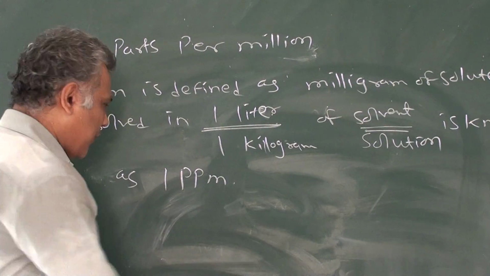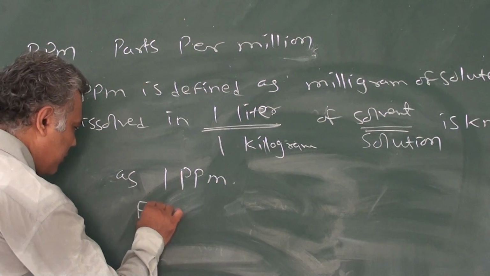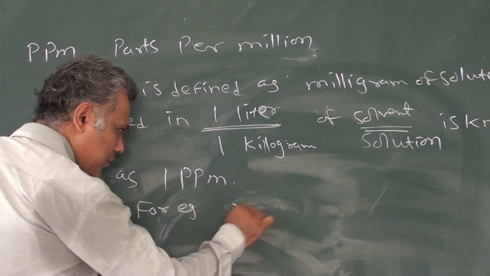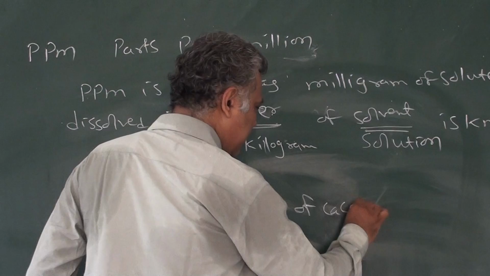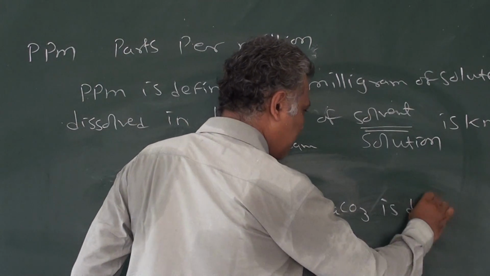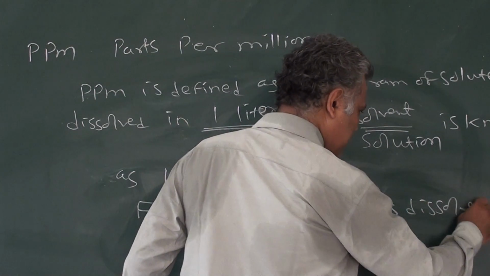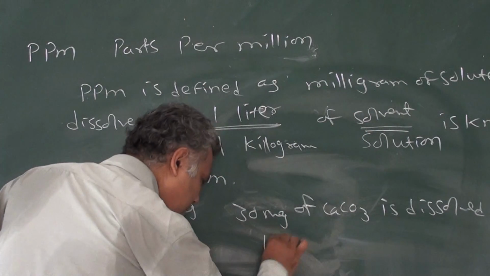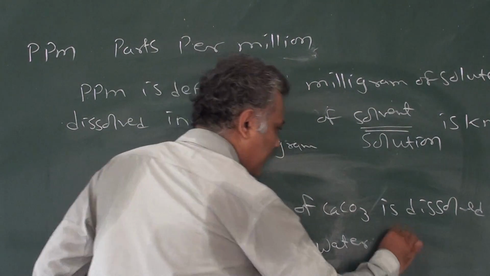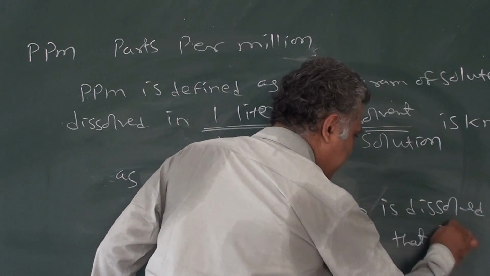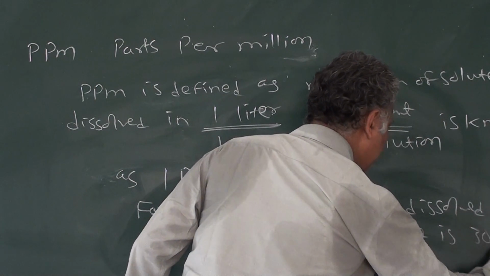That means if, for example, 30 milligram of CaCO3 is dissolved in 1 liter water, that is 30 ppm.